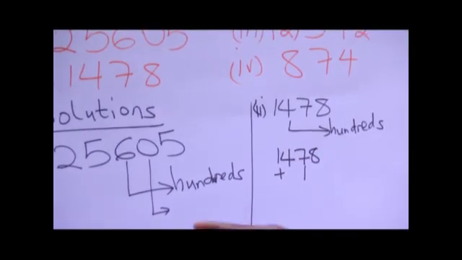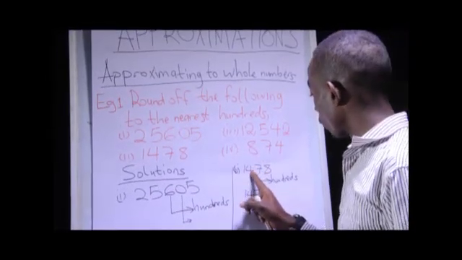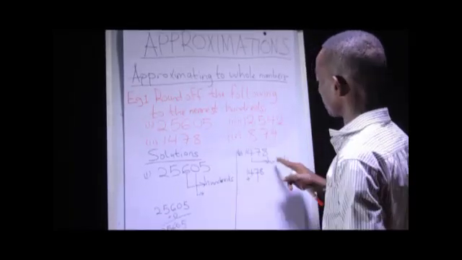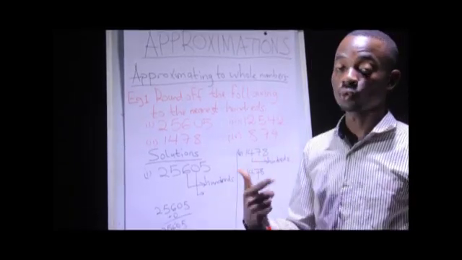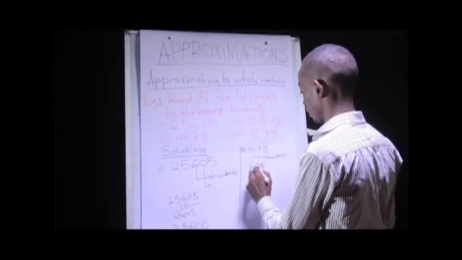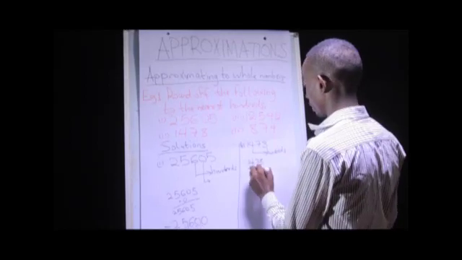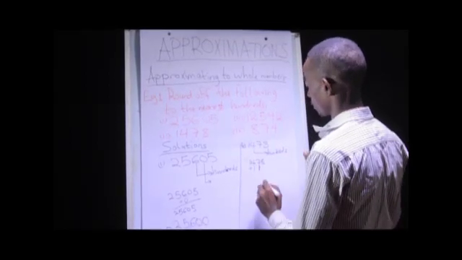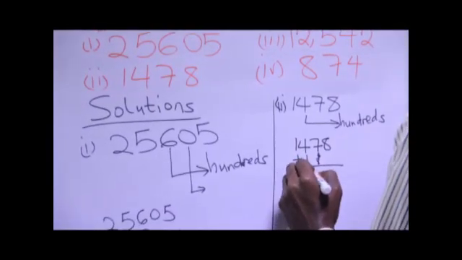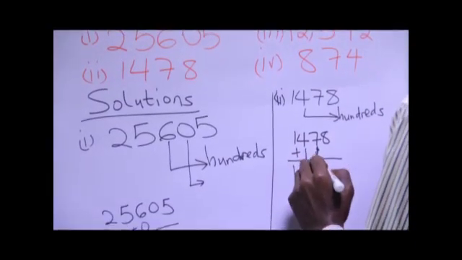Mind you, I do not add the 1 to the 8. I add the 1 to the number which is in the place value which we were asked in the beginning. So I'm going to add this 1 to the 4, not to the 7. So when I add 1 to 4, I end up with 5. 1, 5.